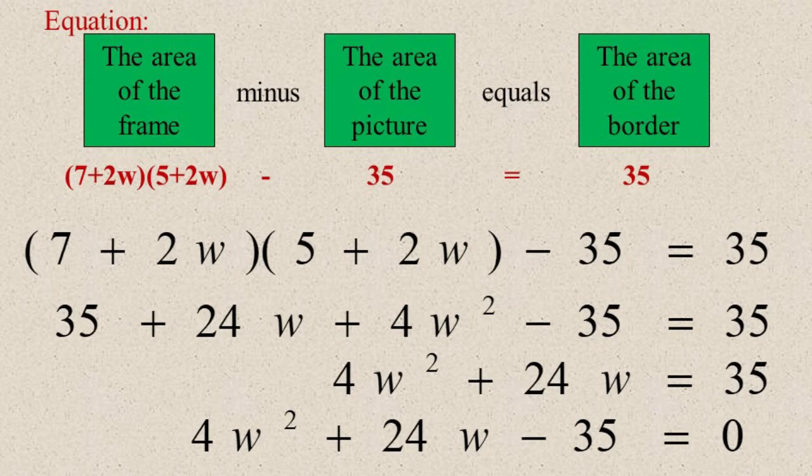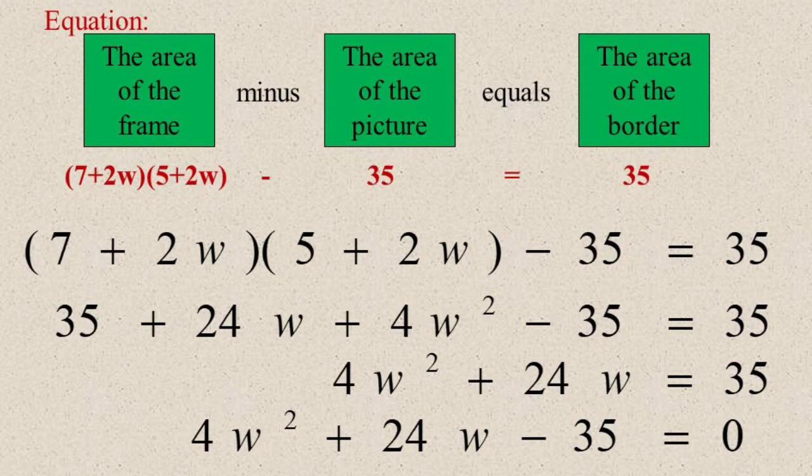Forming the working equation, we multiply the length and the width of the frame, the quantity 7 plus 2W multiplied by the quantity 5 plus 2W, subtracted by 35, the area of the picture. The result is 35, the area of the border.